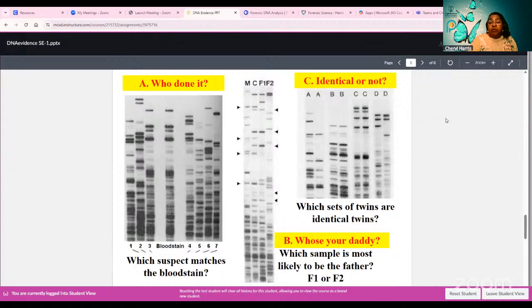And then the last one, you have sets of identical, or you're trying to figure out if they're twins for sure, but which ones are identical.